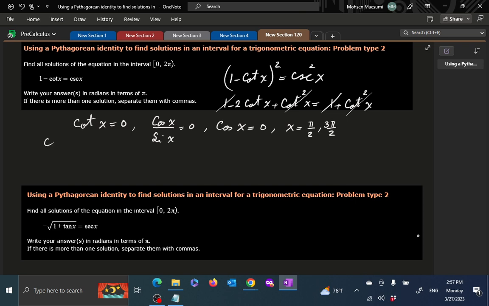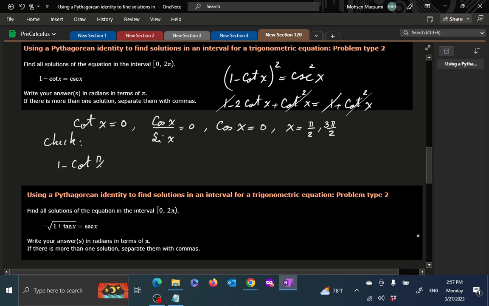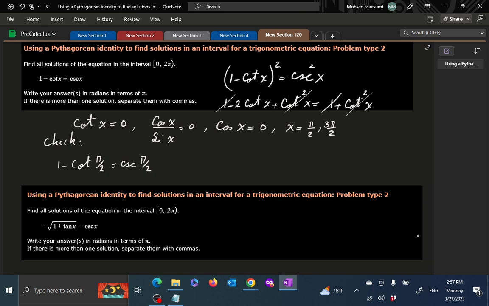Now we have to check, are these correct answers? Why do we need to check? Because we squared. Pi over 2: is 1 minus cotangent of pi over 2 the same as cosecant of pi over 2? Well, cotangent is 0, cosecant is 1, and this checks out.